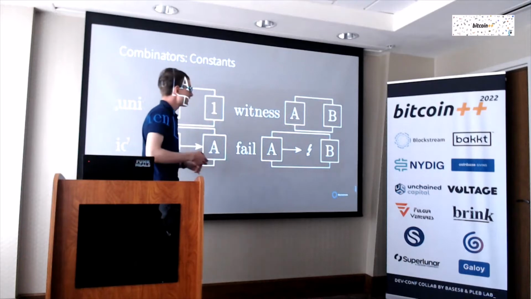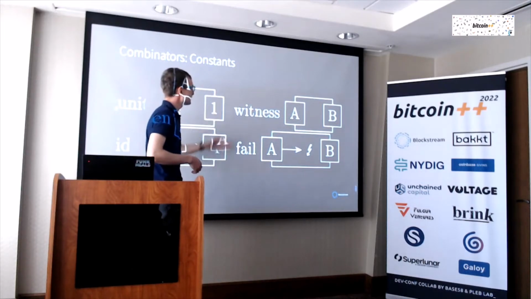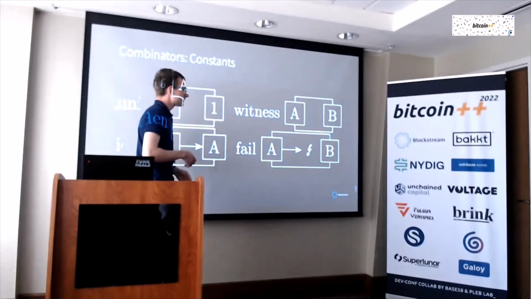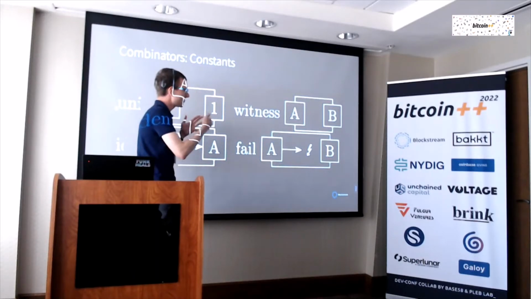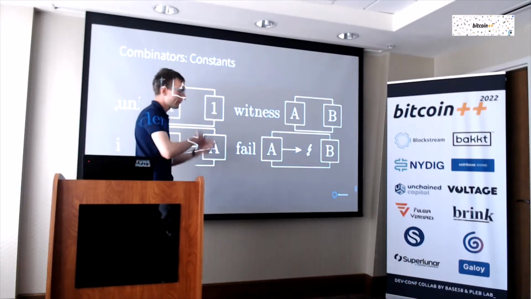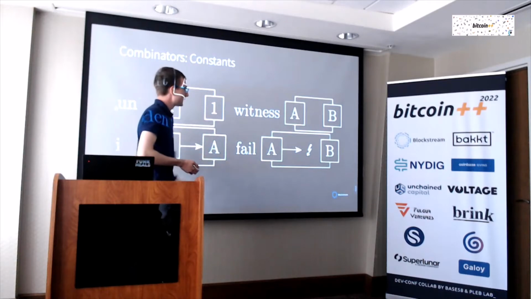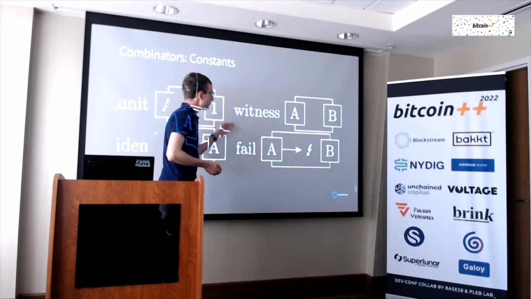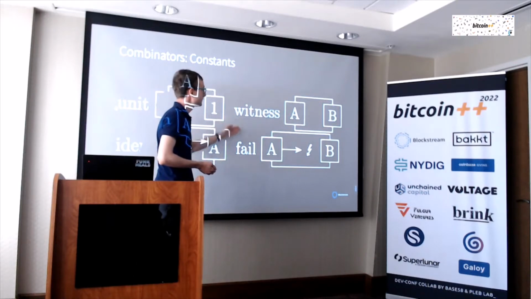And the interesting part about the witness combinator is that it's basically the way we integrate SegWit in Simplicity. Because at commitment time, right, when we create the UTXO, we don't show anything. We don't show the content. We don't commit to the content of this witness.